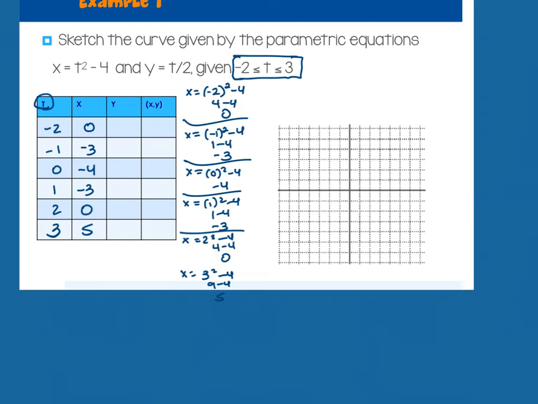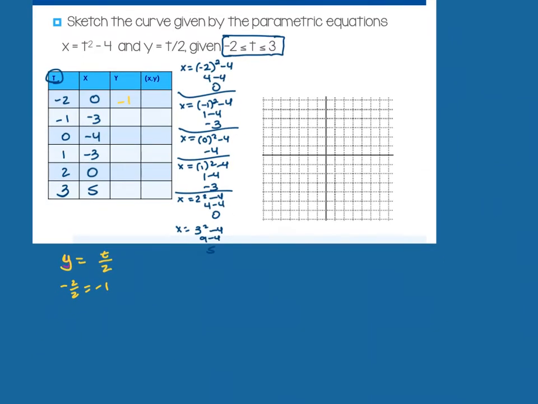And then I'm going to repeat that whole process with the y. So I'm going to take the y, which equals 1/2 t, or t over 2. I'm going to plug in first -2, which is -1. Then I'm going to plug in -1, and it's -1/2.